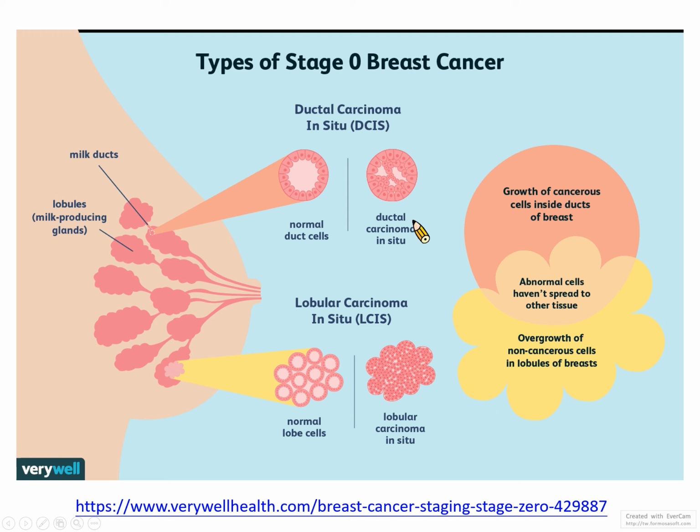So in summary, carcinoma in situ is the growth of cancerous cells inside the ducts or lobes of the breast. But the most important part is that the abnormal cells haven't spread to the other parts of the tissue.